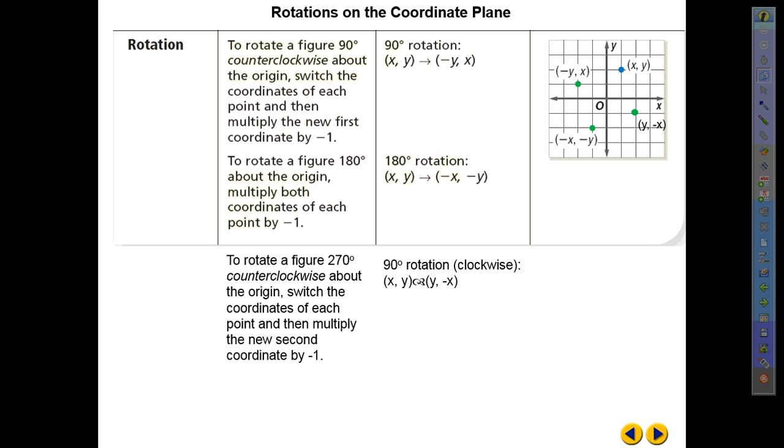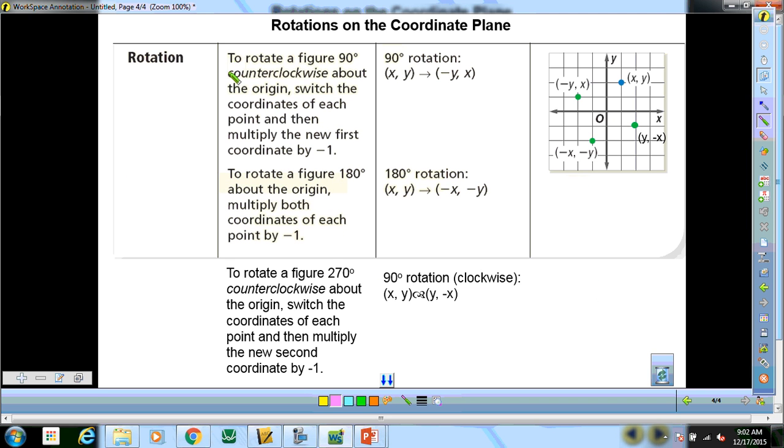We just have rules for rotating around the origin. And we have rules for rotating 90 degrees, and for rotating 180 degrees. But it's extremely important to note what direction we are rotating around the origin. In general, on the coordinate plane, we always want to rotate counterclockwise.